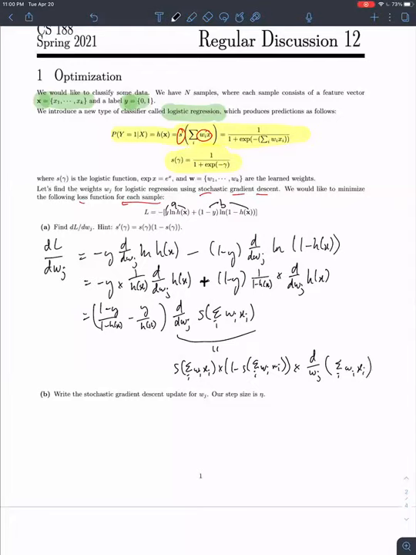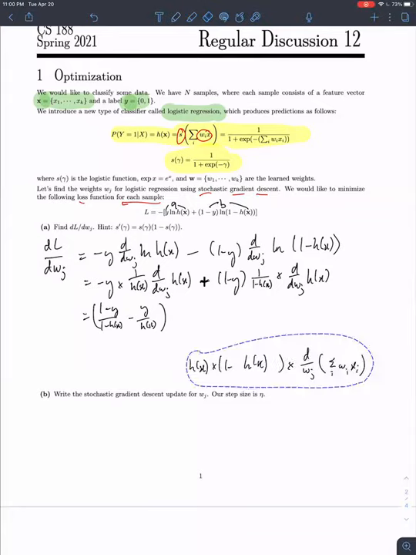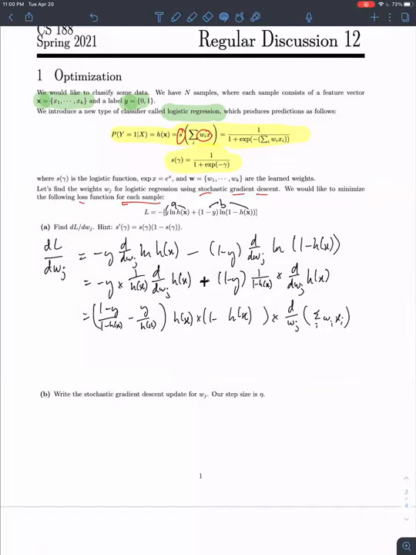Now s of sum over i wi xi, we can make that simpler again by remembering that's just h of x. That's exactly what we called h of x. So h of x times 1 minus h of x, h of x times this derivative. So now I'm going to delete this and move it up. Now we've just got to calculate this derivative d on dwj of sum over i wi xi.